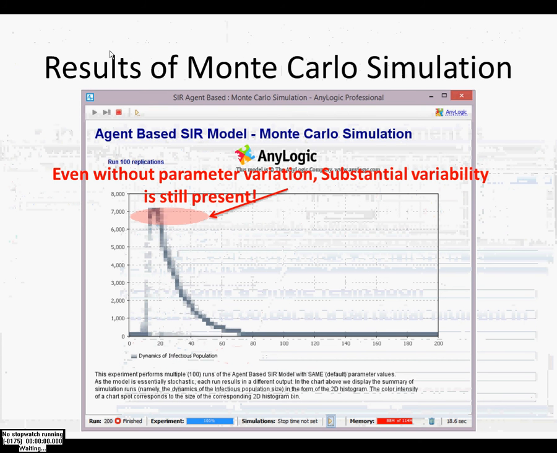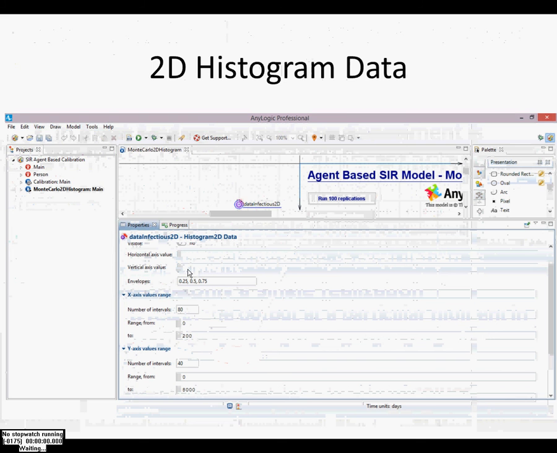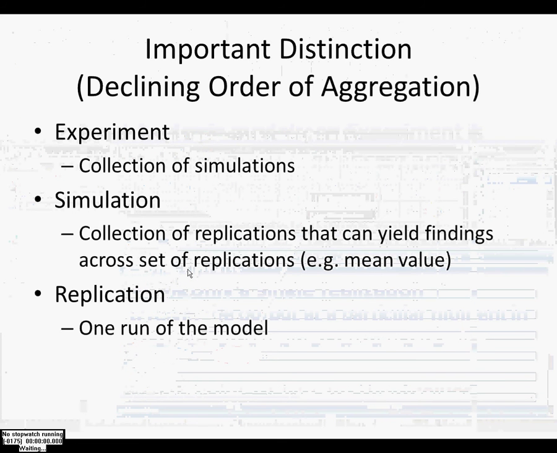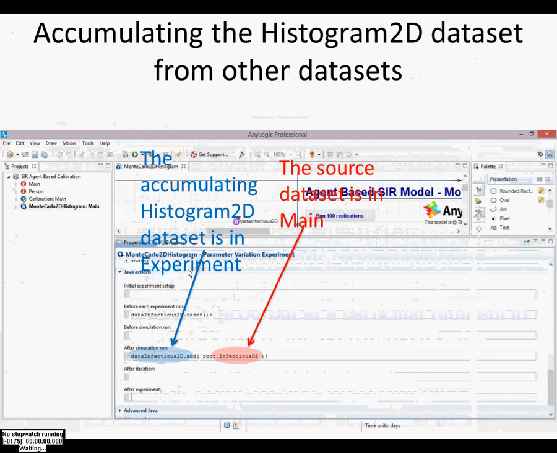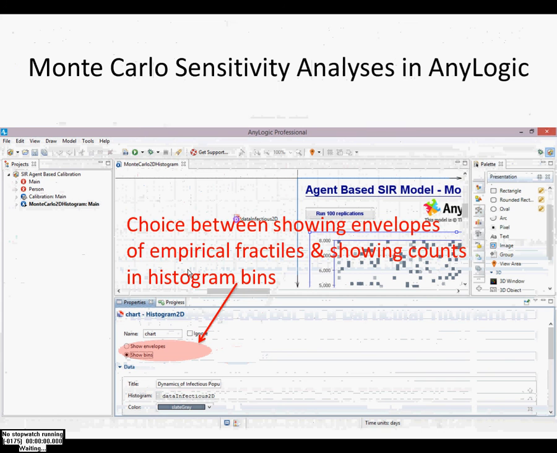Or we can do it as what are called empirical fractiles, or empirical quantiles, which basically summarize the fraction of runs that fall within a given band around the median.